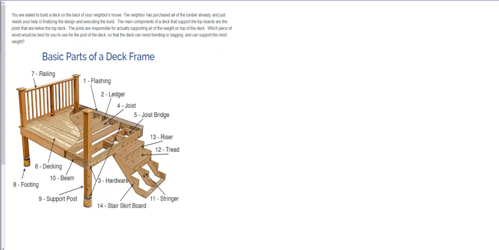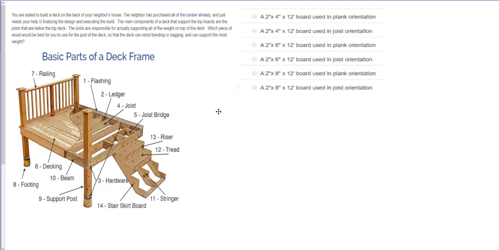Okay, so you had a couple of options here. The first thing you should know is that we can cancel some of these out right off the bat. This one is a plank, this one is a plank, and this one is a plank. It says in the problem that it's in joist orientation because that's the strongest. So then we have 3 here, and we're trying to find the one with the highest moment of inertia.